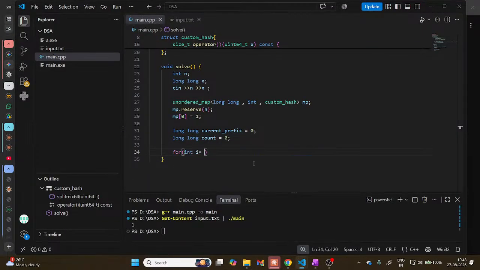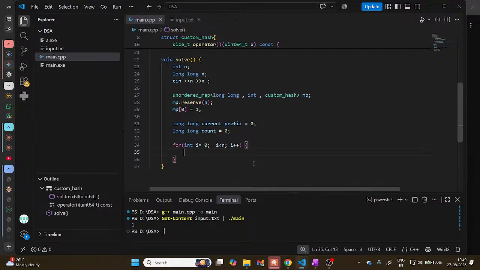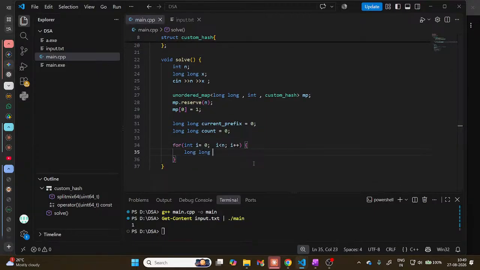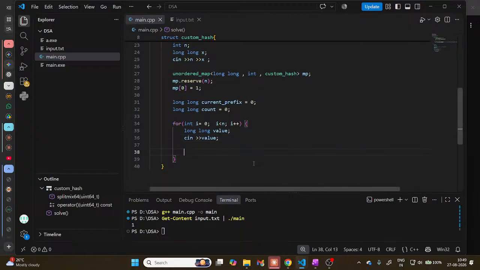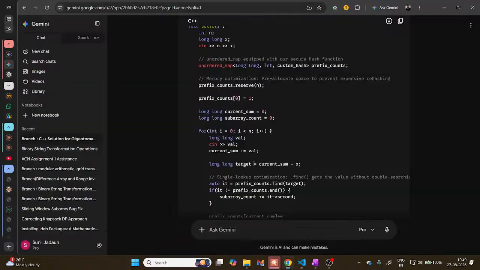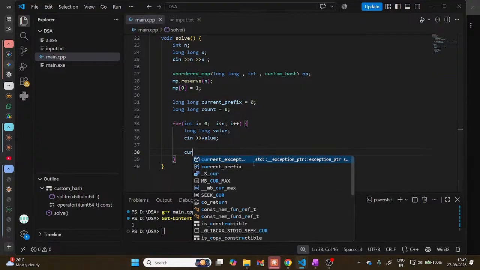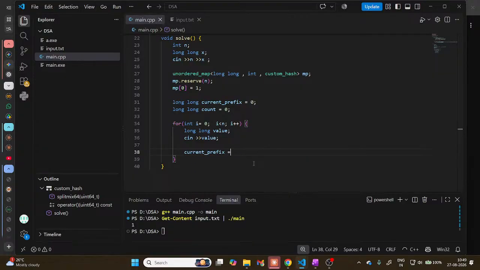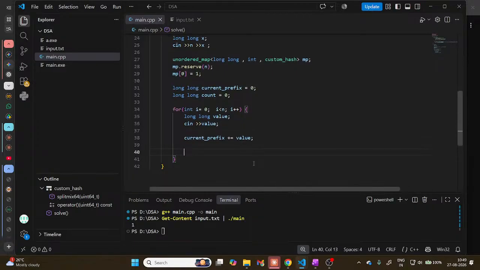For i equal to 0, i less than n, i plus plus, long value, cin value, right? Current prefix plus equal to value, right?